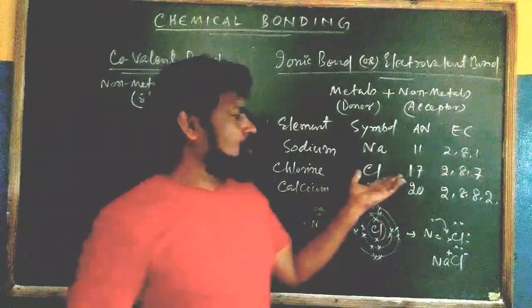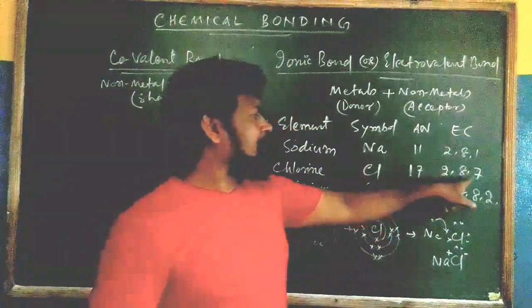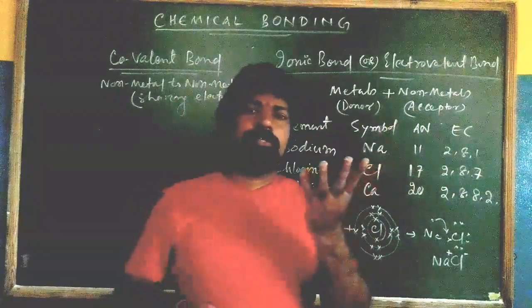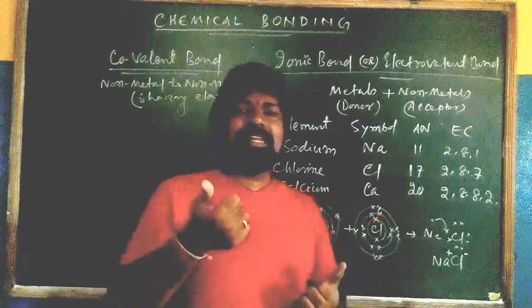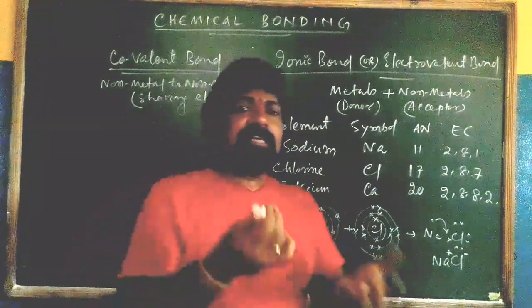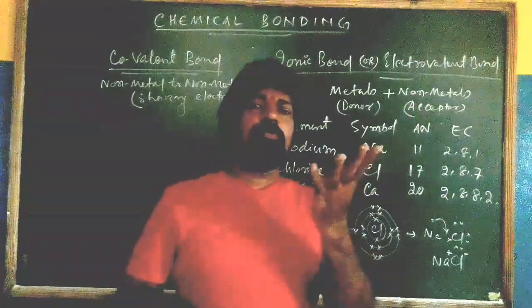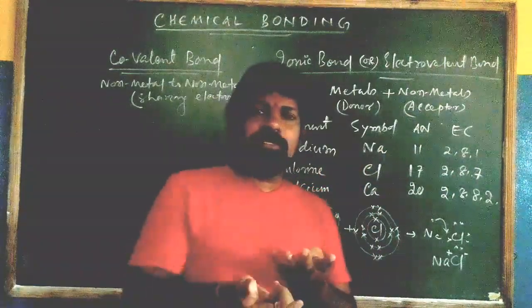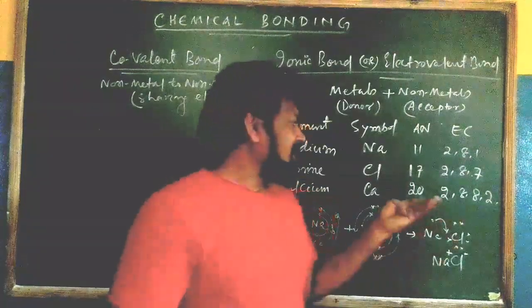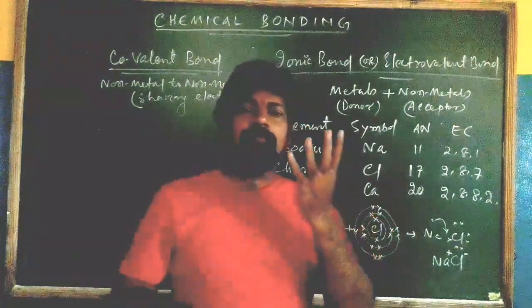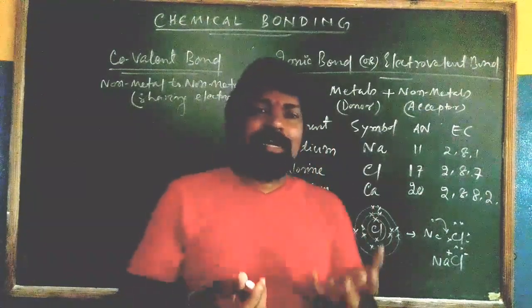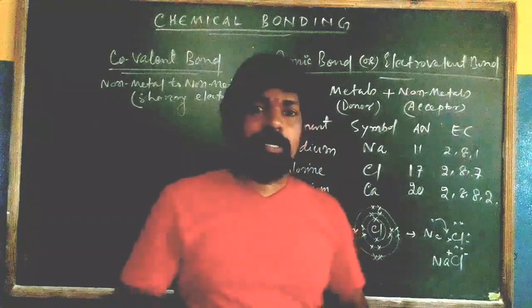Similarly, coming to non-metals, if an atom has 4 electrons, or 5, or 6, or 7 in its outermost orbit, then it is a non-metal because it is easier for it to accept. In the case of 4, you could accept 4 more electrons or donate 4 electrons, but in general atoms which have 4 electrons in their outermost orbit have the tendency to accept rather than donate.